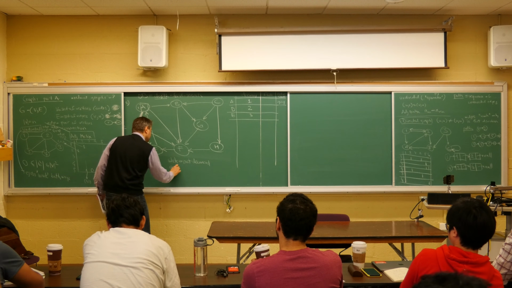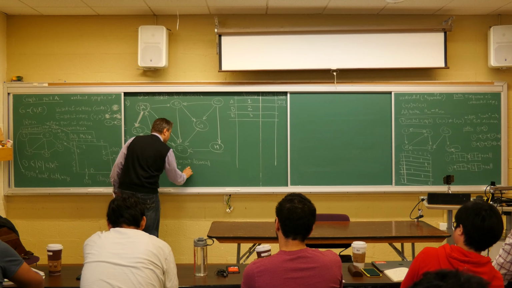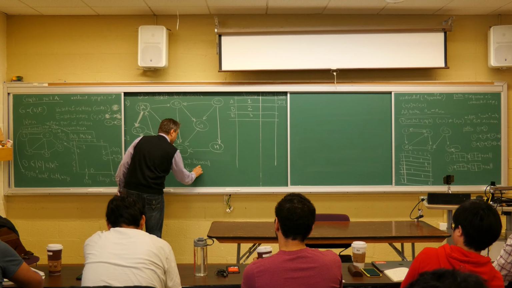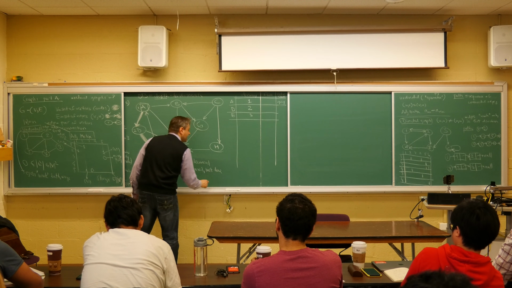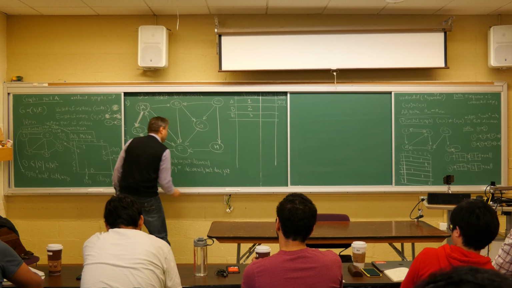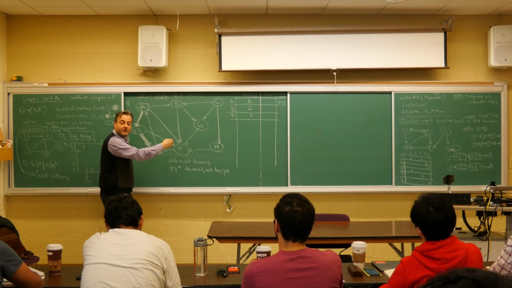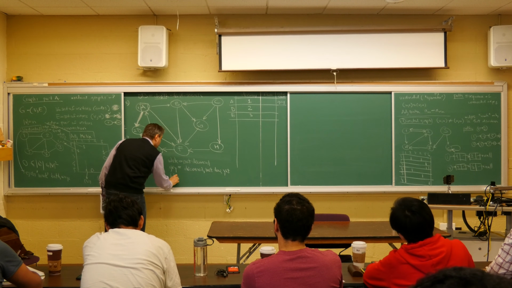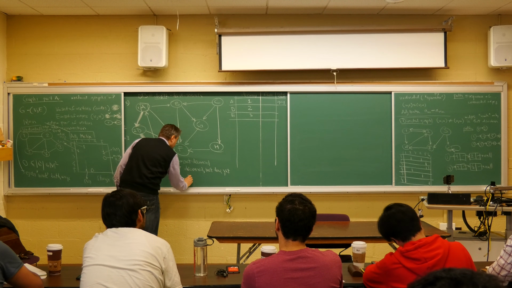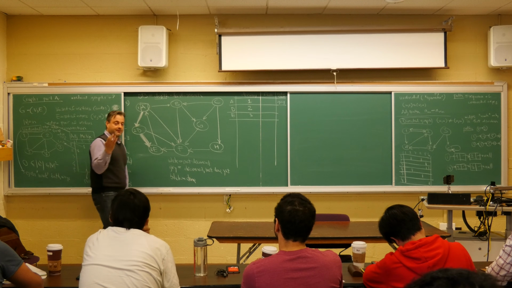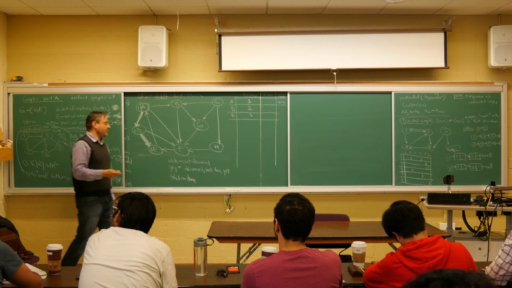Gray means discovered, but not done yet. Meaning I'm still exploring from this node. And black means done. Done means discovered and I explored everything from it, right?